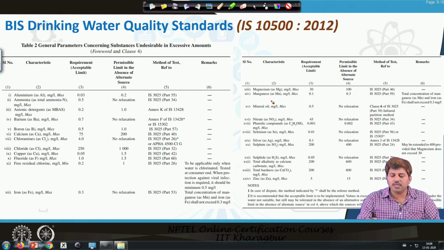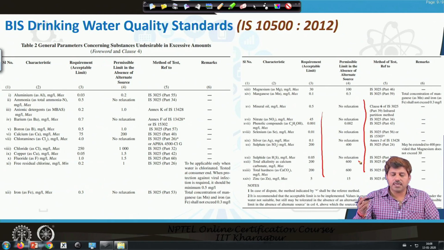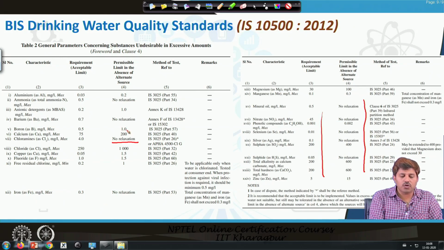Similarly, magnesium, manganese, mineral oils, okay, nitrate, silver, sulphate. So, a lot of parameters including zinc. So, for various minerals, their acceptable limit and their permissible limit is given. In case of certain contaminants which cannot be relaxed, we have specifically mentioned that there is no relaxation for this.